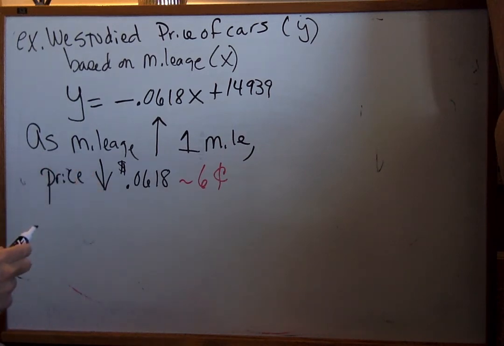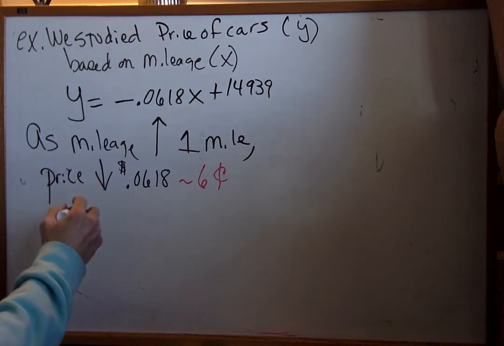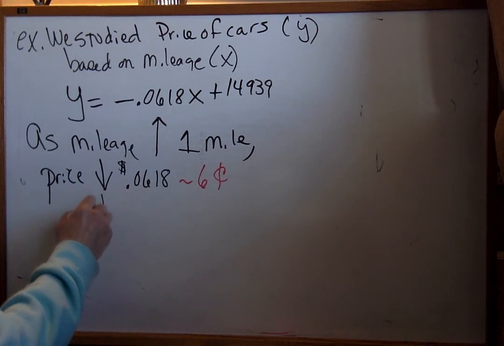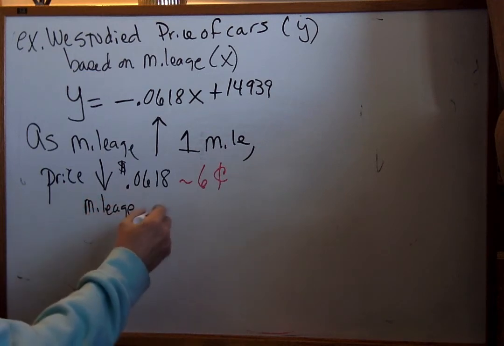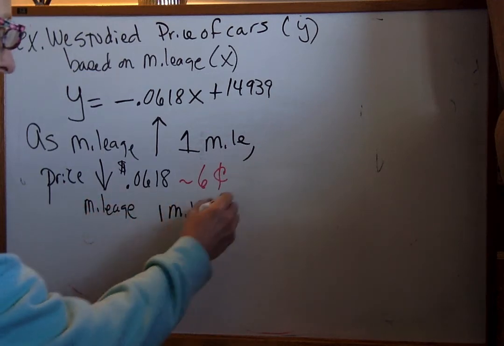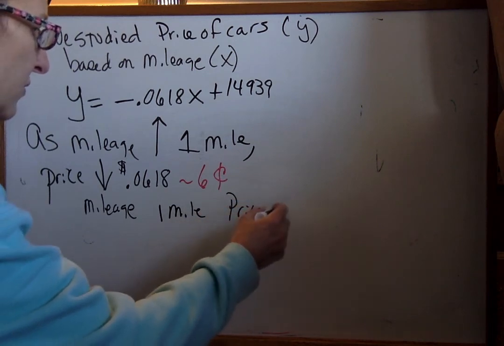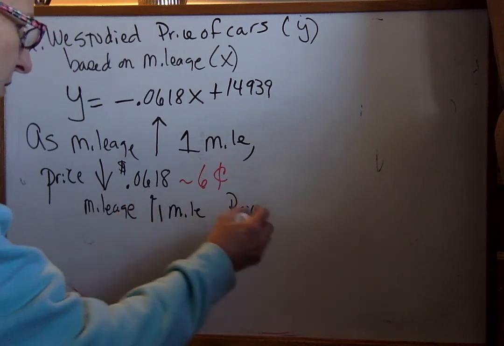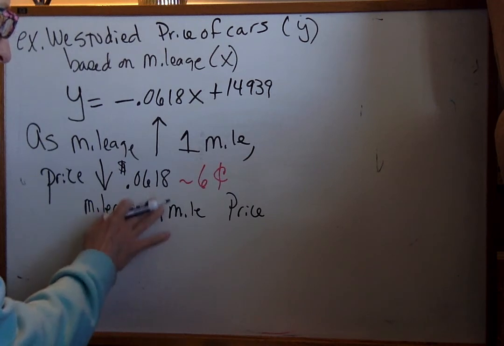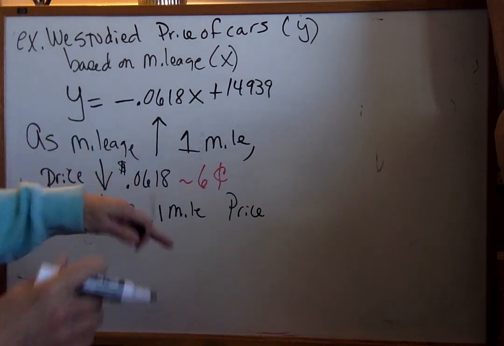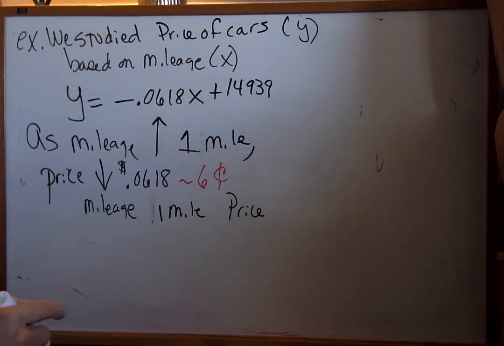So right now, we have mileage. If it goes up 1 mile, then the price, well, we know one's increasing, one's decreasing. I'm just going to cut that part out so it doesn't look too messy.